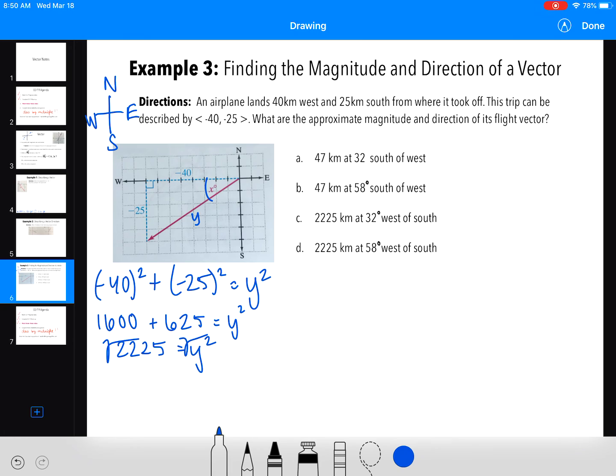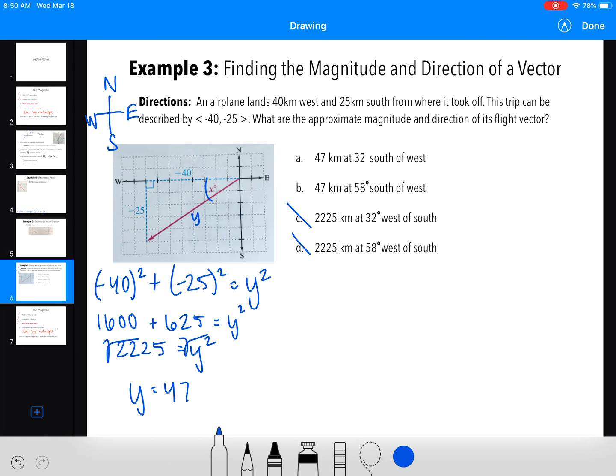When I take the square root, I get y is equal to 47 point 2. Okay, I'll round that up. All right. There's my distance. Oh, wait. All my answers are rounded to the whole number, so I'm just going to lose my decimal. Okay? I have my distance, so it's not going to be C, it's not going to be D.